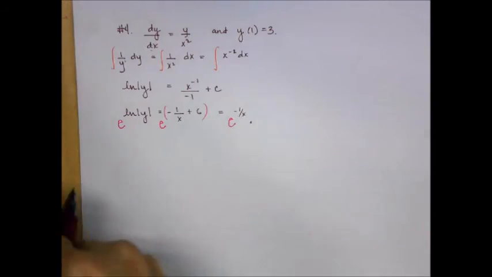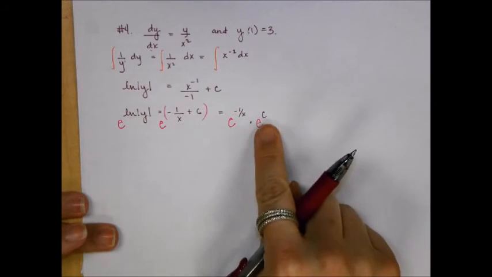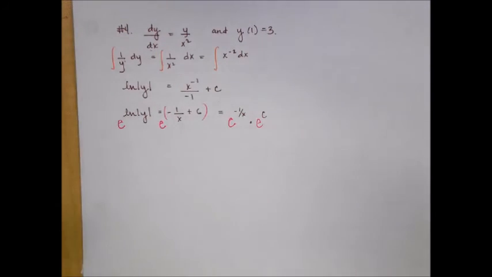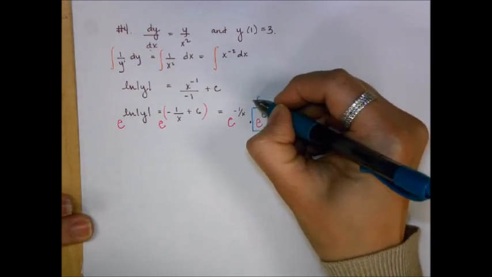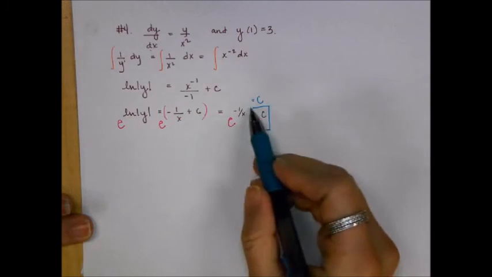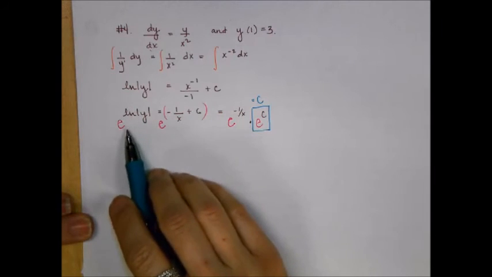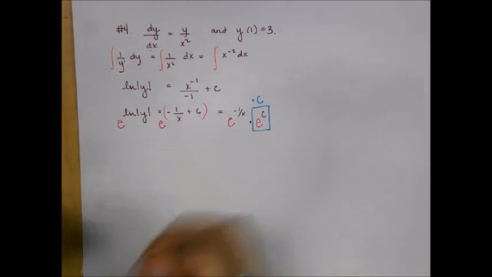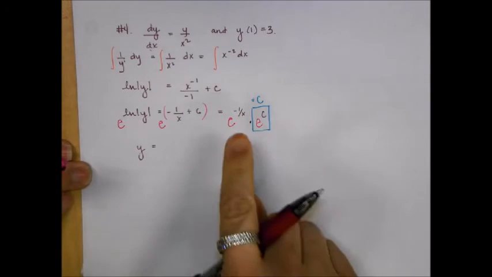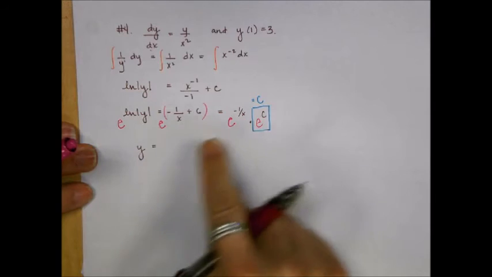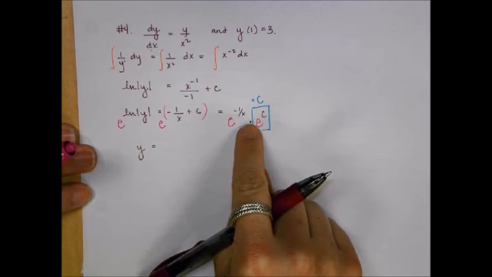That e to the power c we just wrote down. e to the c is just going to be c. e to the c is just another constant. Meanwhile, on the left side, e and natural log undo one another and leave y behind. So I have y equals e to the power -1 over x times c. So I'm going to pull c to the front, e to the power -1 over x.